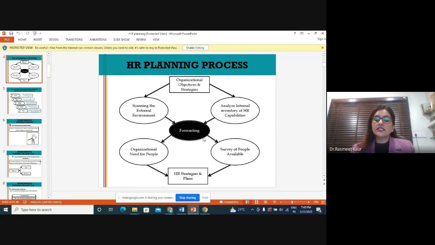Forecasting, we have just discussed a few minutes back what HR forecasting is. Forecasting basically means to do an analysis of the organizational need for people, that is, are you actually having a requirement for people in the organization, and you do a survey of people who are available. So supposing I do a forecast and I come to know that there is a requirement of four different jobs in my organization, and I'm creating those jobs.